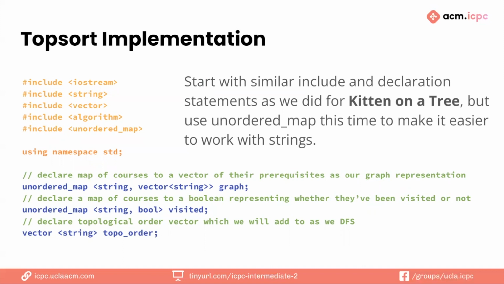We also have a visited map, which we use to check if the course has already been visited or not. This will be useful later for our DFS or topological sort function. And finally, we'll store our output in the topo order vector. Basically, this is where we'll put our topological ordering. Any questions about the global variables that we have?